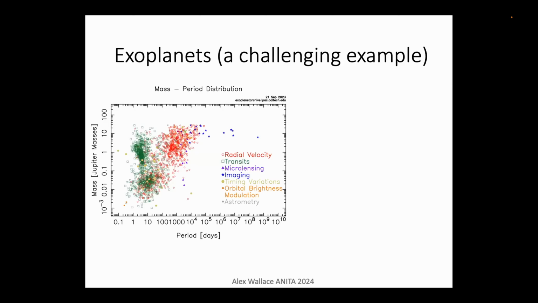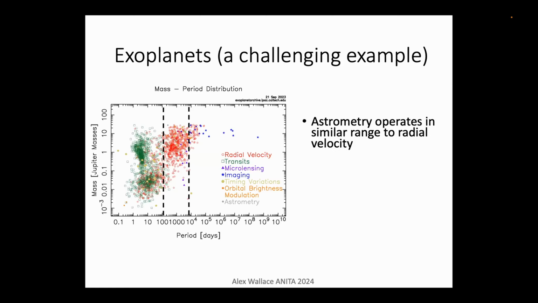I think it's almost 6 months out of date actually. But this is the region that Gaia deals with in period space. The actual mass range can vary according to all sorts of factors. So it's a similar range to radial velocity, but the advantage over radial velocity is that it's mostly independent of the inclination of the system.